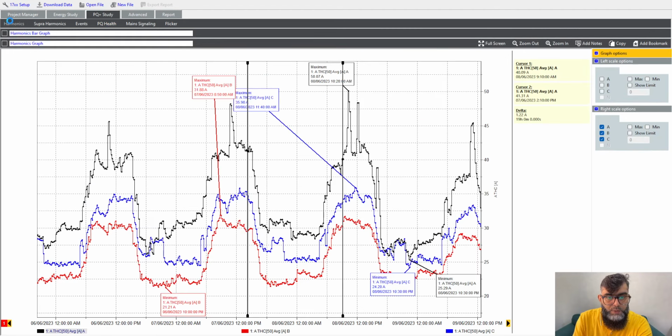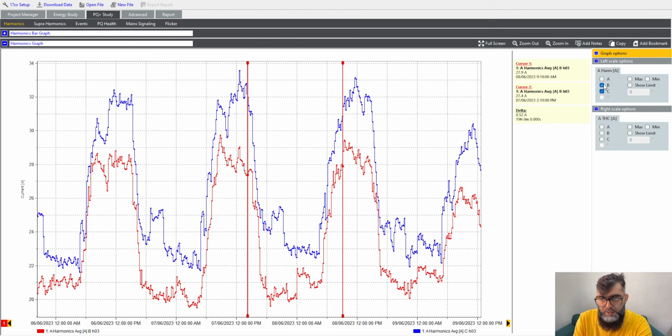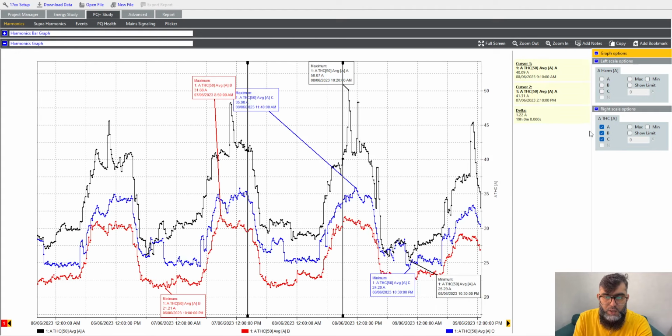Okay, so now the last and the most important factor over here is, based on this data, it's very easy for someone to select an active harmonic filter and to decide whether it is required or not. I'll be going into what active harmonic filters are, what detuned reactors are, and what capacitor banks are in my coming videos. But as of today, just look into this, that we have got harmonics of 50 amps.